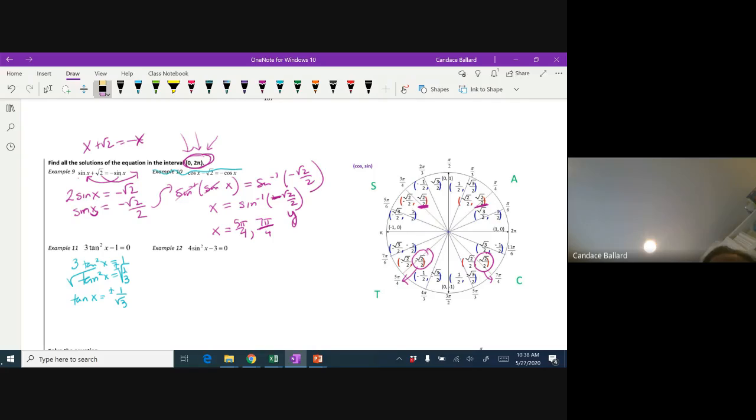So I have to go back to my trig identities. And I know that sine divided by cosine is equal to tangent. So I'm going to use that fact. The way I develop this is I know that the sine has to have a 1 and the cosine has to have a square root of 3.